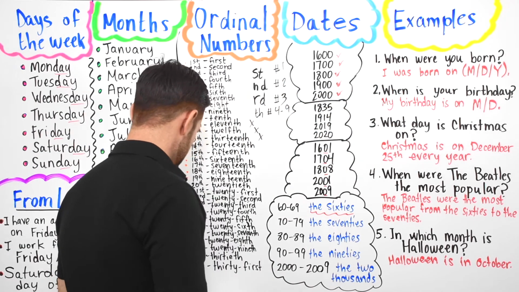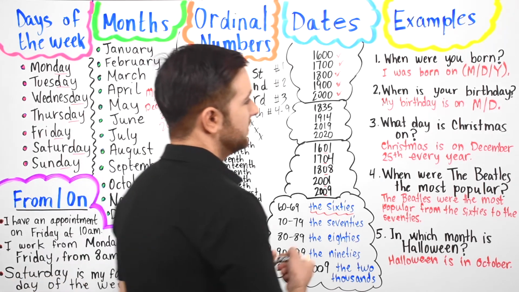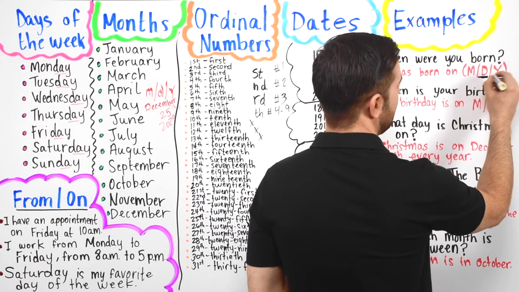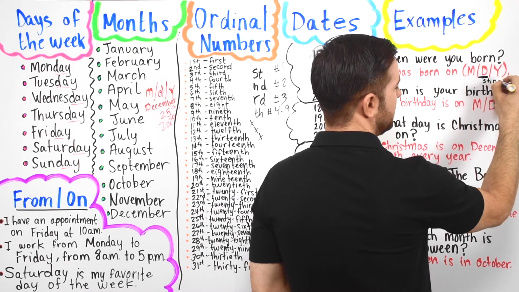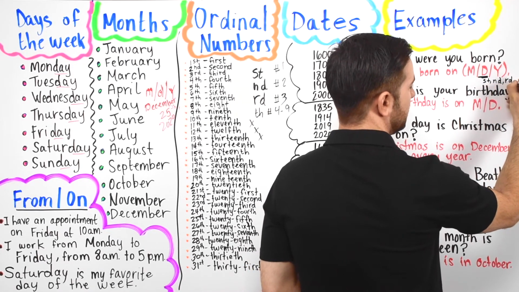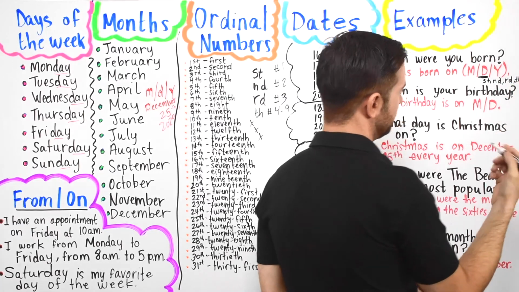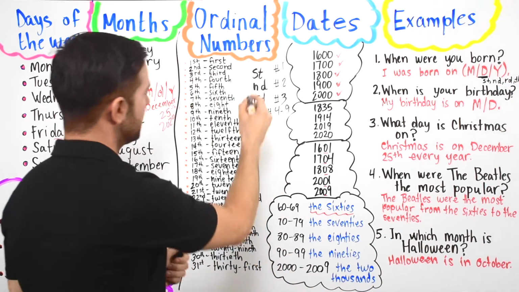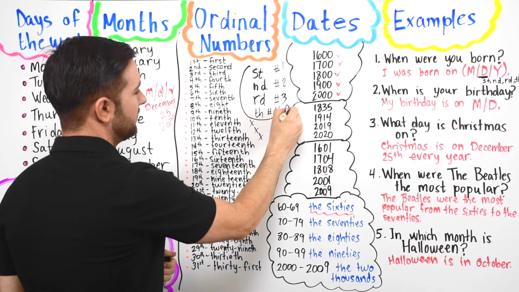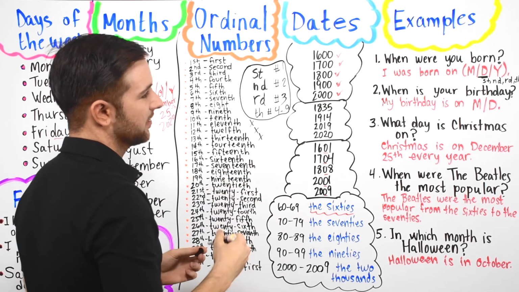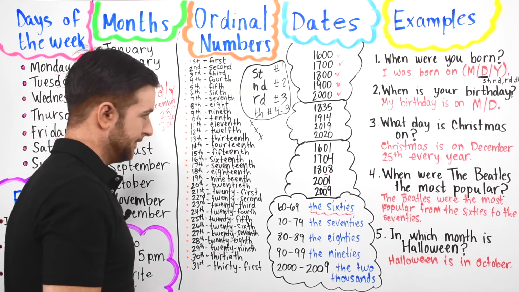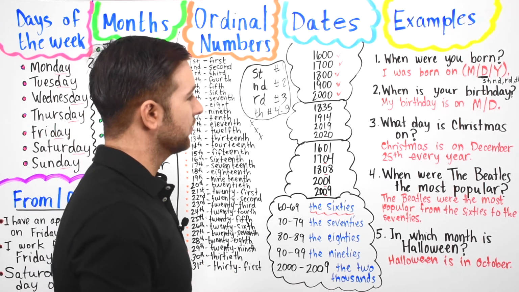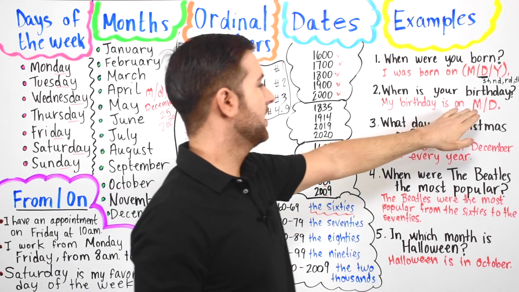Remember when we choose the day here, you have to use ST, ND, RD, or TH when you give the number. Just like how we did it right here. You have to do the same thing when you use the dates. Number 2, when is your birthday? My birthday is on month and then the day.